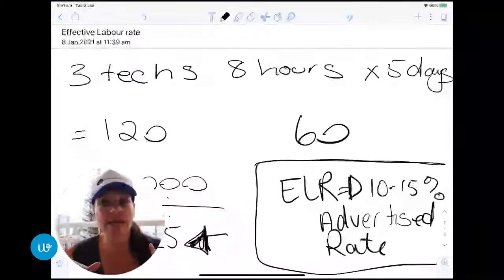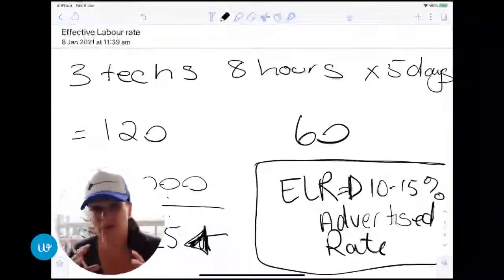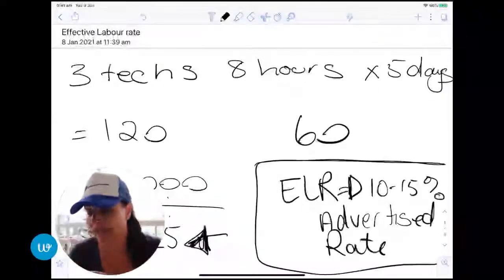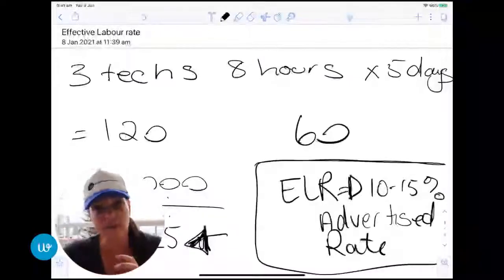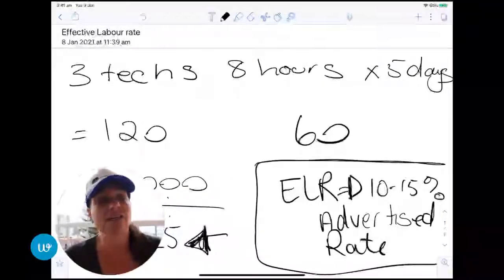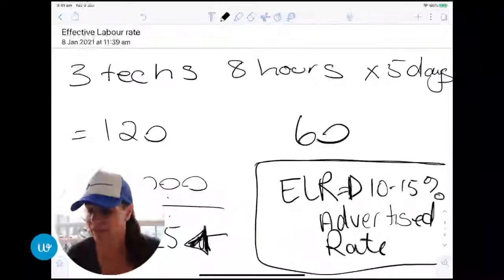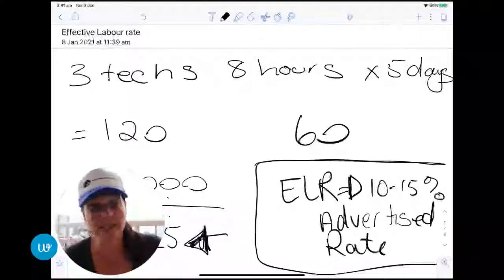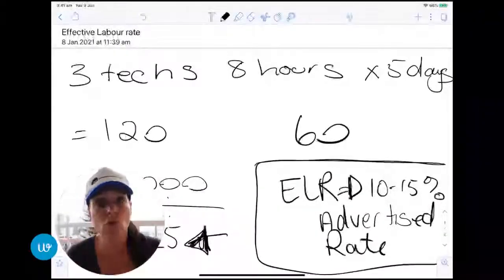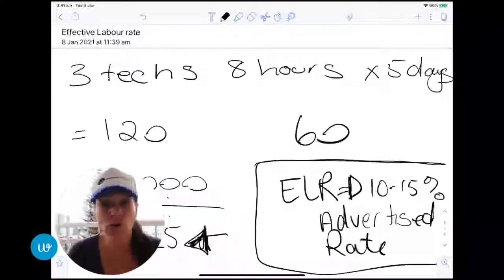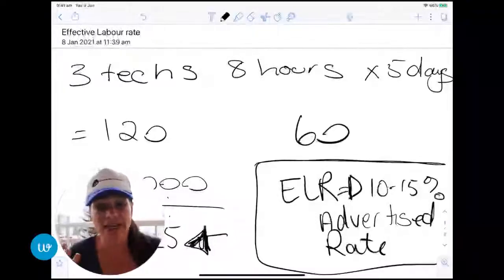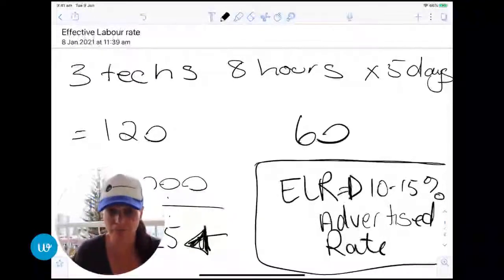So you can definitely go over. But if you are anything outside of 85% of your advertised rate, then you have work to do there. It means that you're under capacity, you don't have enough work coming through, or you're booking the work in, but the jobs are blowing out and you're writing off time, and that is not our ideal situation.